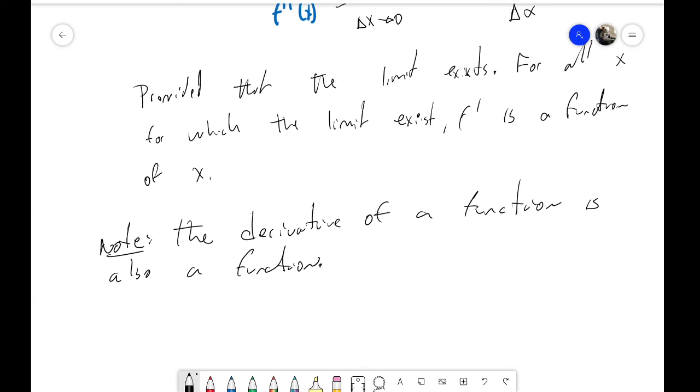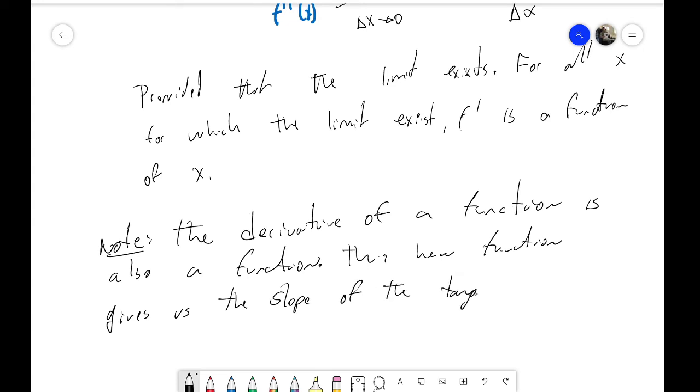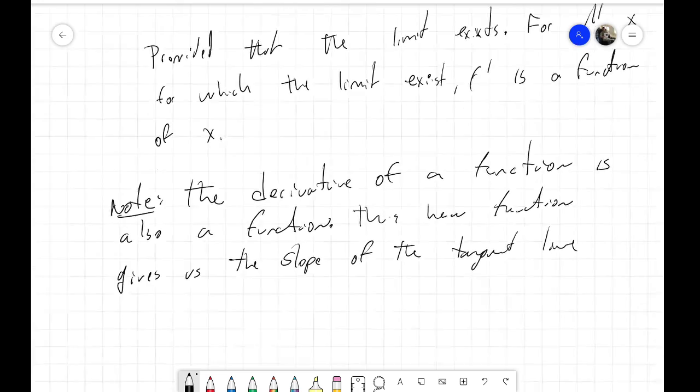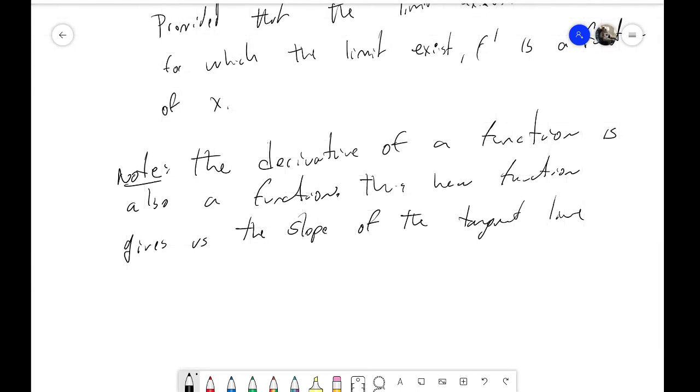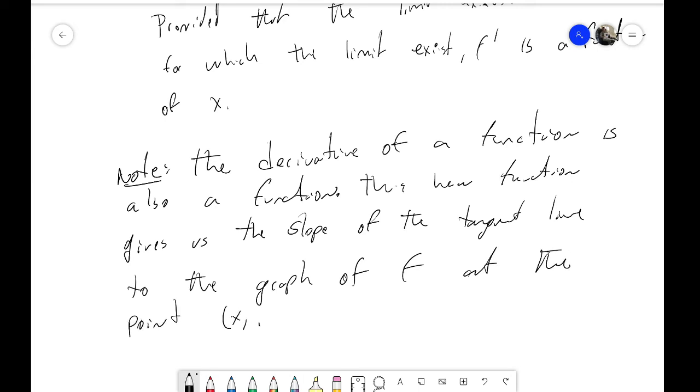Now this new function gives us the slope of the tangent line to the graph of f at the point x, f of x.